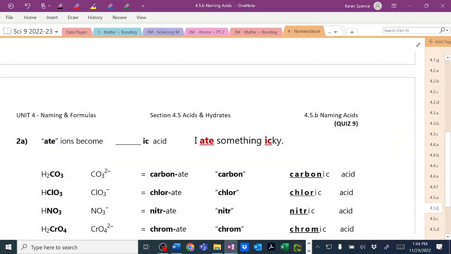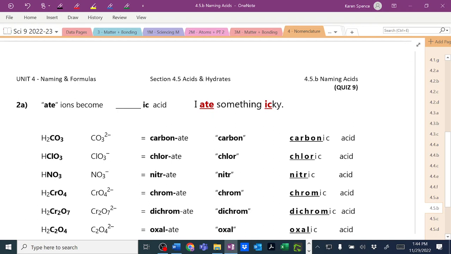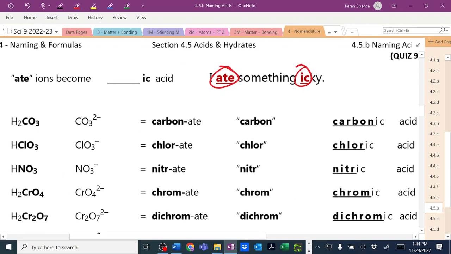So here's a bunch of ate ones, just so you can recognize them. I ate something icky, so in this case we don't use the hydro. We look and we say, what's our anion? I've got CO3, that is carbonate. We're going to take away the ate and instead we'll put ic.